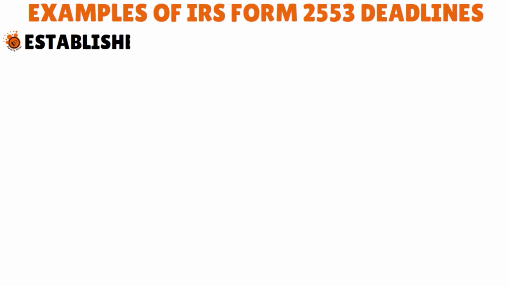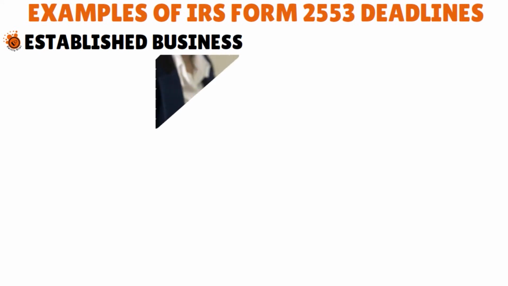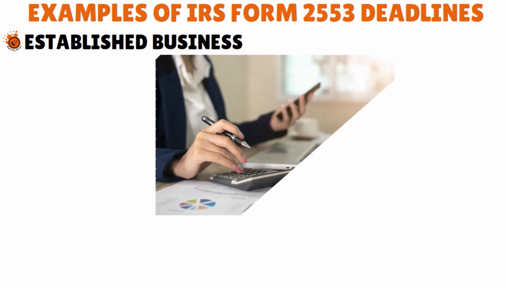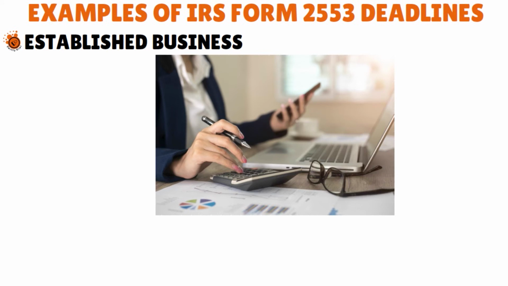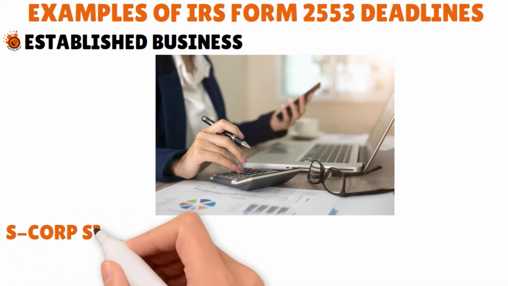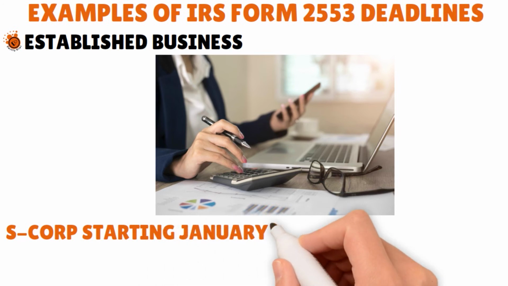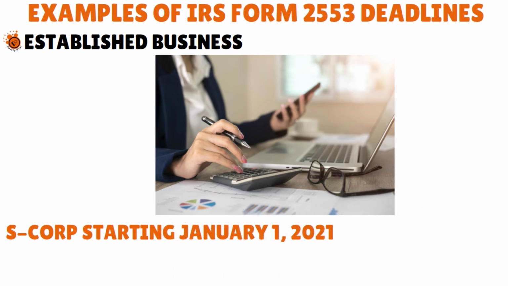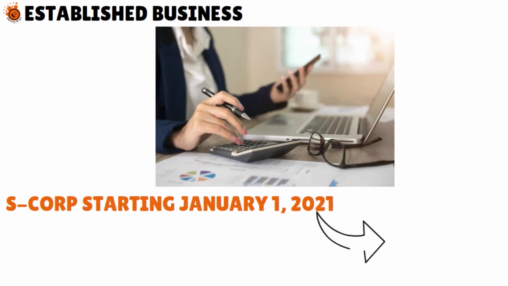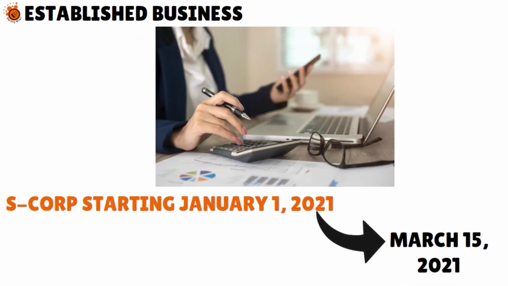For an established business, if your business has been around for a while and has already filed taxes at least once, let's say you want to change your tax status to S corporation starting January 1st, 2021. You have until March 15, 2021 to file IRS Form 2553.